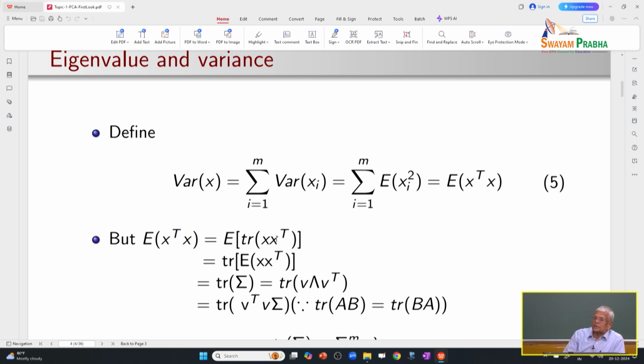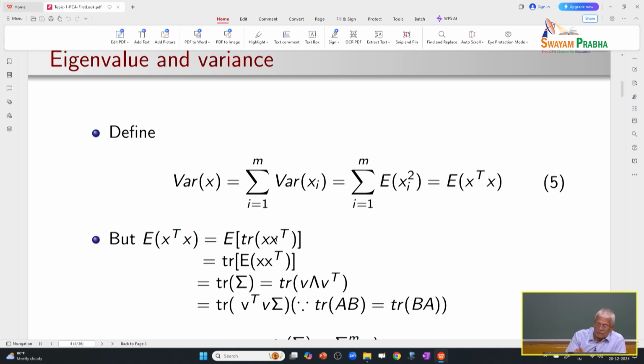I can rotate it: trace of AB is trace of BA. Therefore, trace of x transpose x is trace of x x transpose. Of course, the expected value comes out because trace and expectation commute. So, the expected value of the trace is equal to the trace of the expected value. The expected value of x x transpose is sigma.